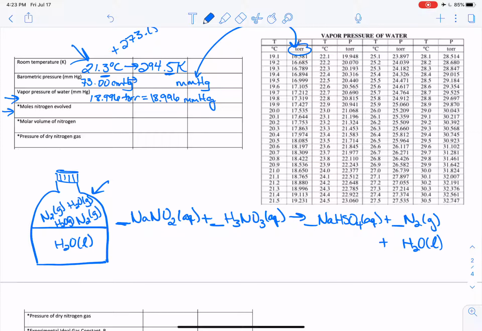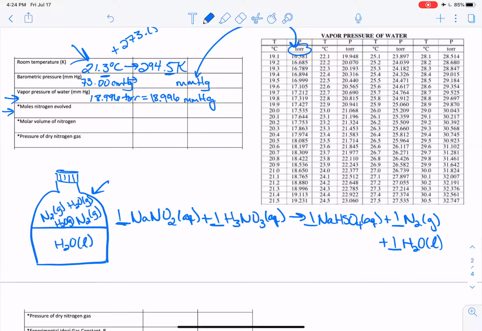And the water is in the liquid form, so that's a fancy L right there. And if we look at all of our atoms and we balance them, we will find that we have coefficients of 1 all the way through. So that isn't too exciting there. Or it might be really exciting to you because it's not hard.